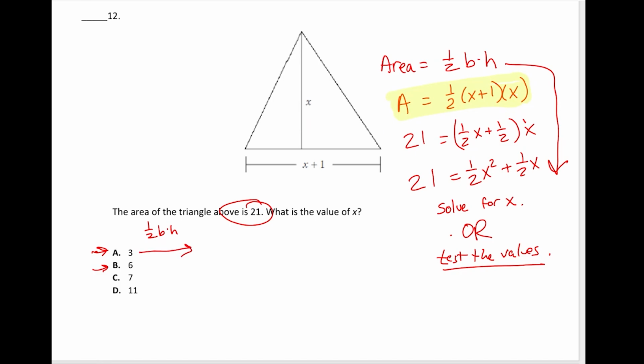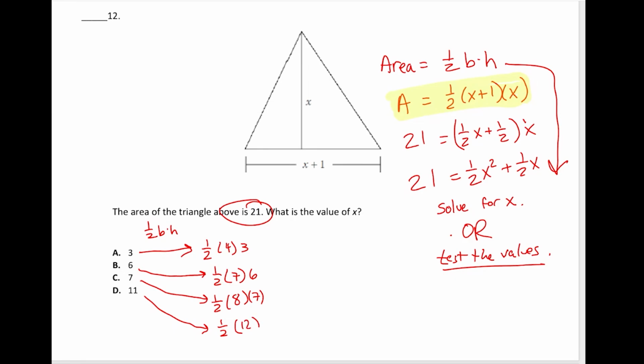So let's check A. If I plug in 3 for x, my area is going to be 1/2 times 3 plus 1, which is 4, times the height, which is 3. If I check choice B, I'm going to get 1/2 times 7 times 6. If I check choice C, I'm going to get 1/2 times 8 times 7. And finally, choice D, I'll have 1/2 times 12 times 11.